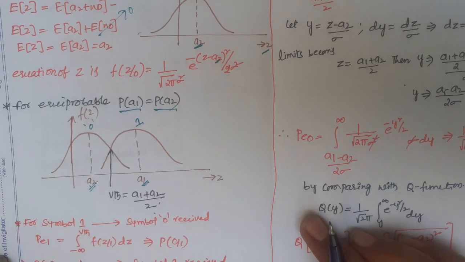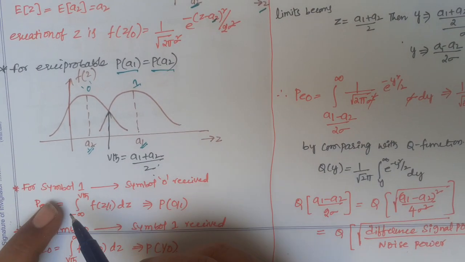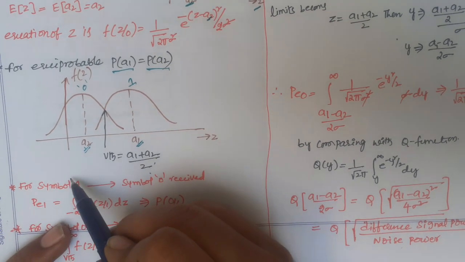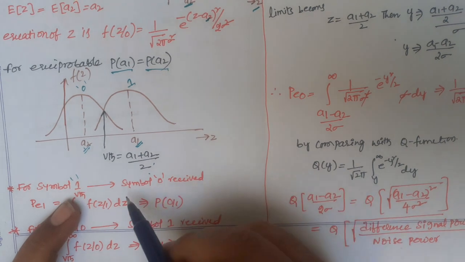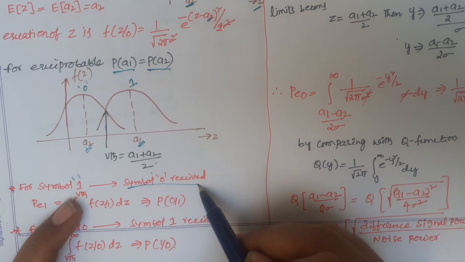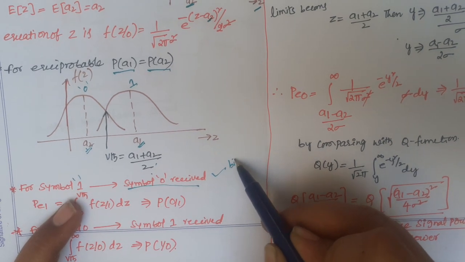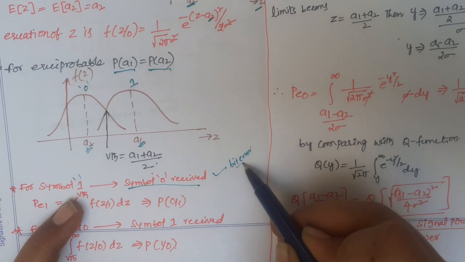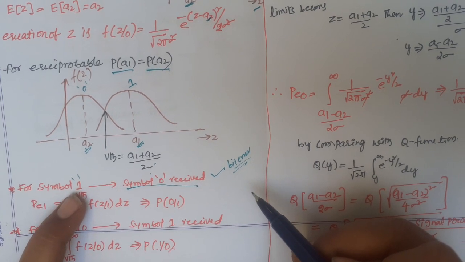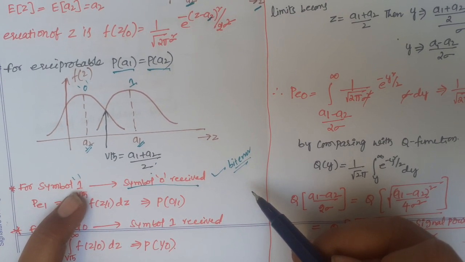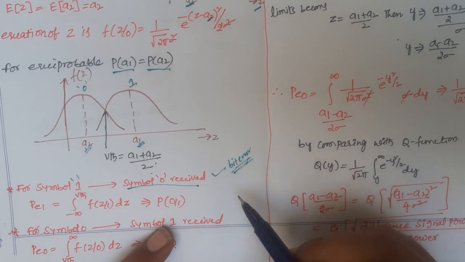Now if you see the probability of bit error, for example, if I want to transmit symbol 1 or bit 1, and I receive bit 0 as output, it is called a bit error. For example, if I transmit bit 1 and at the output of the threshold level I receive bit 0, this is called a bit error.